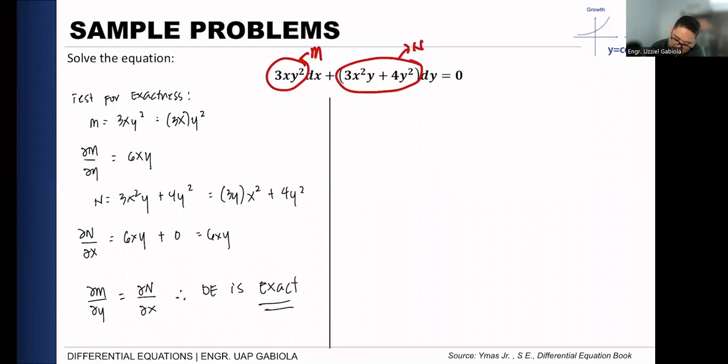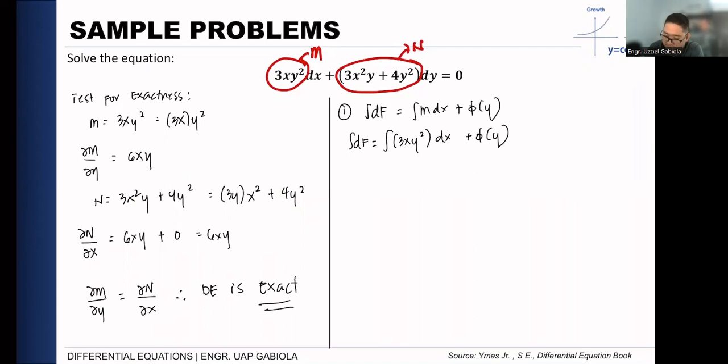So, first step tayo. Integration ng df is equals to integration ng m dx plus phi y. Then, substitute na lang yung value ng m. So, df is equals to integration ng 3xy squared dx plus phi y.